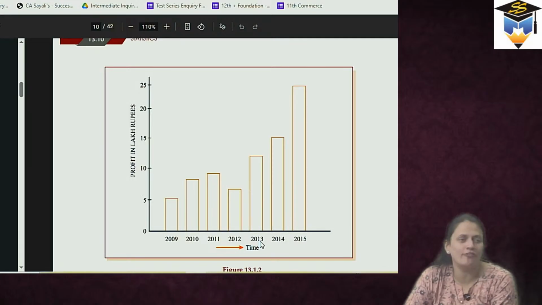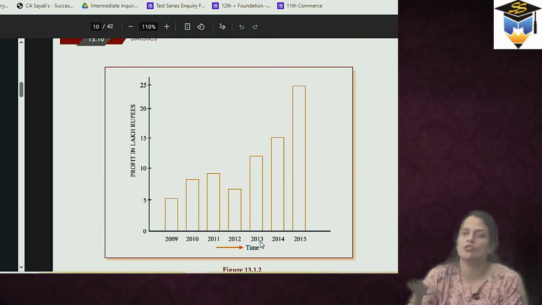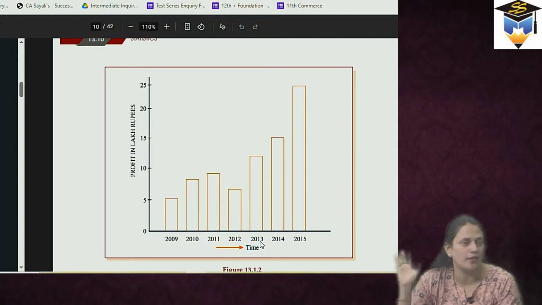No, अभी हमें जानना है whether profit हुआ है या नहीं. So which will be the dependent variable? Y-axis is always the dependent variable and x-axis is always the independent variable.